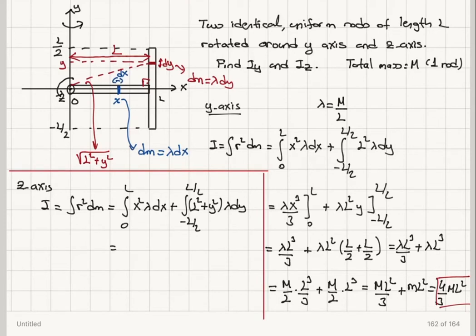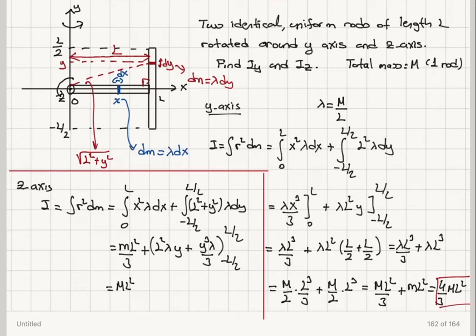So this is going to give me once again ml squared over 3, because I have done it already in the previous axis, the y-axis. I don't need to worry about that. And for this one I have L squared lambda times y plus y cubed lambda over 3, to be evaluated between minus L over 2 and plus L over 2.